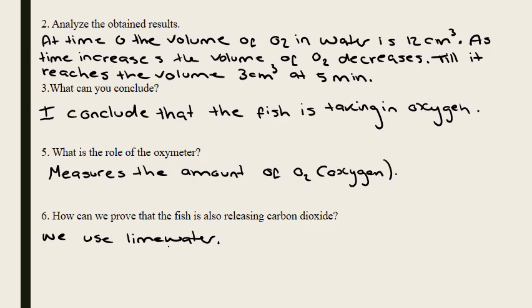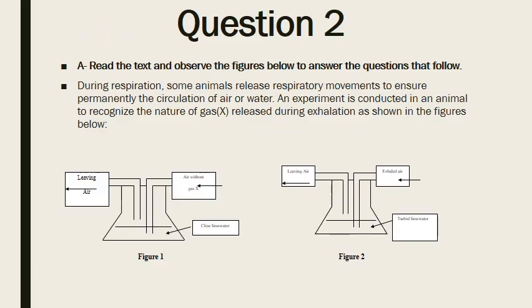Question 2 says, read the text and observe the figures below to answer the questions that follow. During respiration, some animals perform respiratory movements to ensure permanent circulation of air or water. An experiment is conducted on an animal to recognize the nature of gas X released during exhalation, as shown in the figures below.